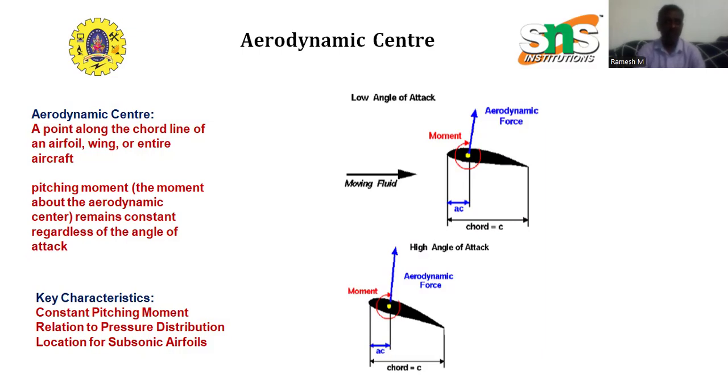For constant pitching moment, at the aerodynamic center, the aerodynamic moment, that means the moment about the aerodynamic center, does not vary with changes in the angle of attack. Even if alpha equals 0, then alpha equals 5 degrees, alpha equals 10 degrees, as the angle of attack goes on changing, the moment about the aerodynamic center does not change.